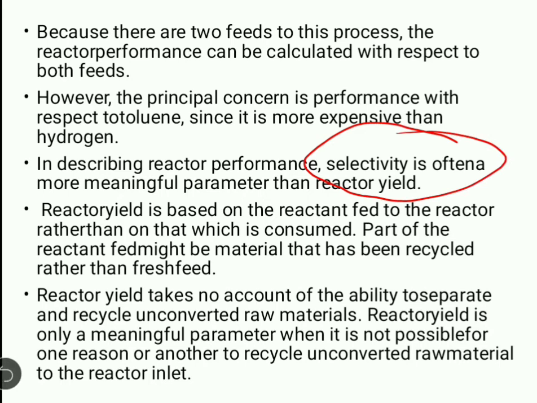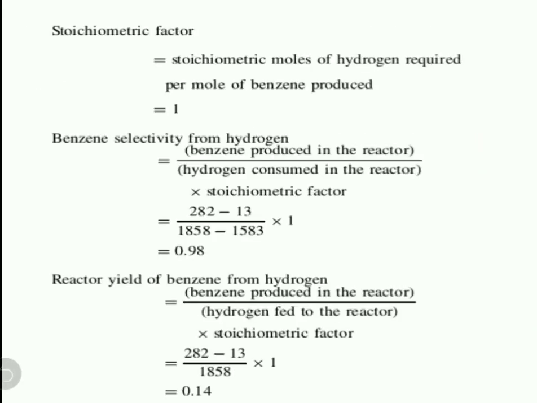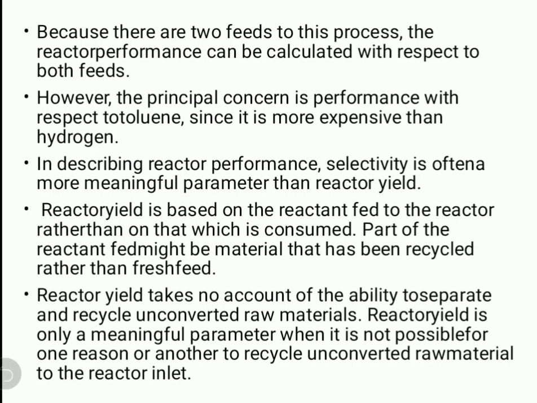We can see from the formula that it is benzene produced in the reactor upon the reactant consumed in the reactor. So the main concern is how much reactant is fed, how it is consumed, and what products are produced. Based on the selectivity, we can make decisions on the reactor performance.